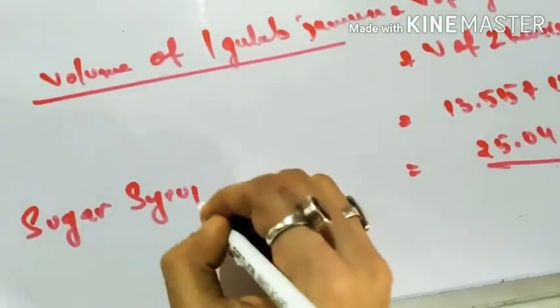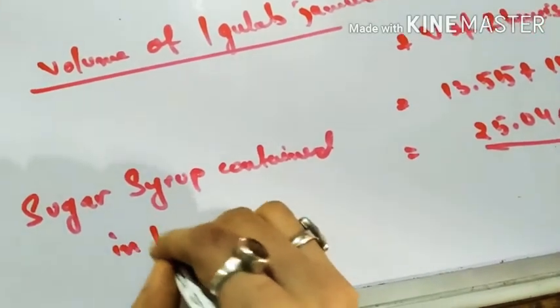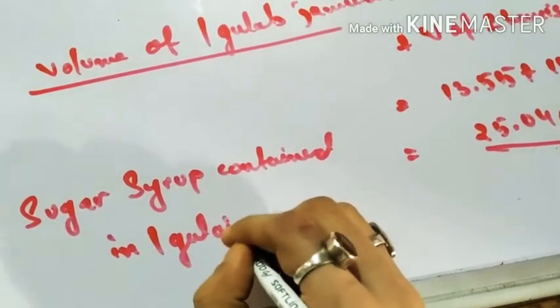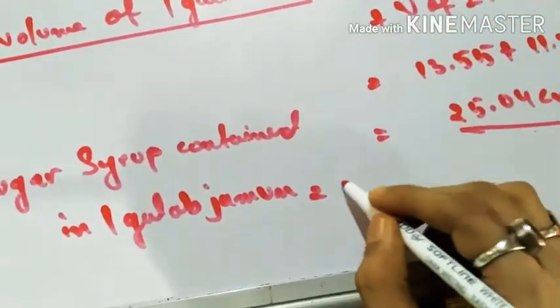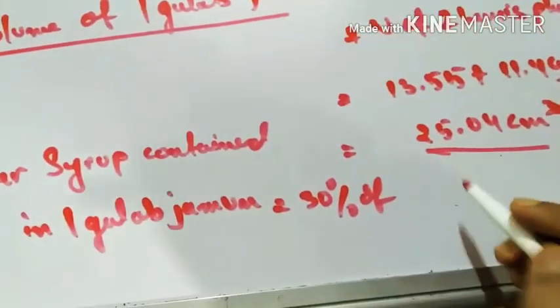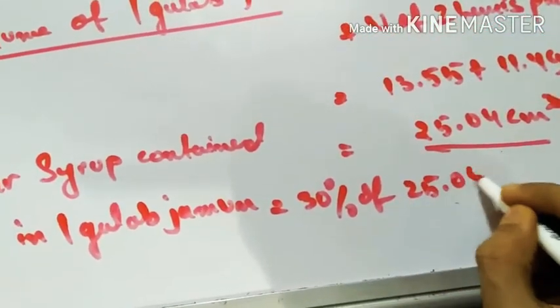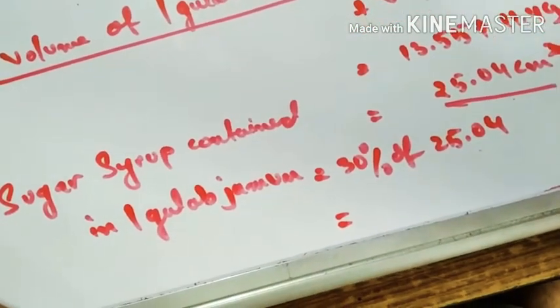Sugar syrup contained in 1 gulab jamun will be equal to 30% of the volume of 1 gulab jamun, which is 30% of 25.04.